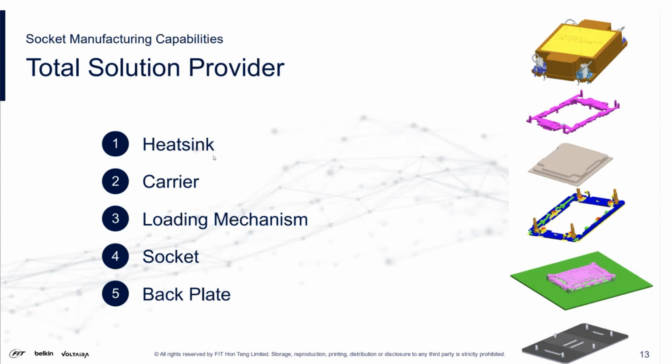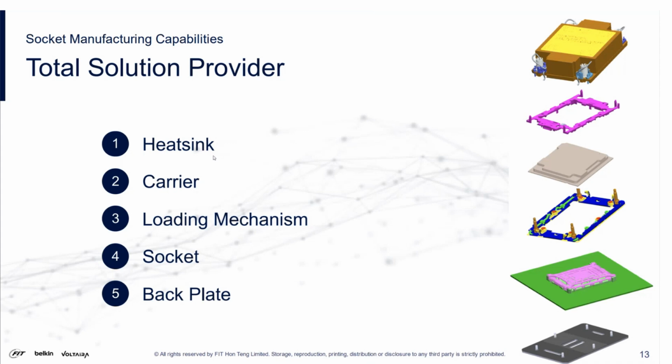So as an example, FIT is a total solution provider. We do everything internally, vertically integrated. All components are produced within FIT. The heat sinks are designed and developed by one of our sister partners at Foxconn. This picture on the right is one of the Intel Purley Whitley programs.